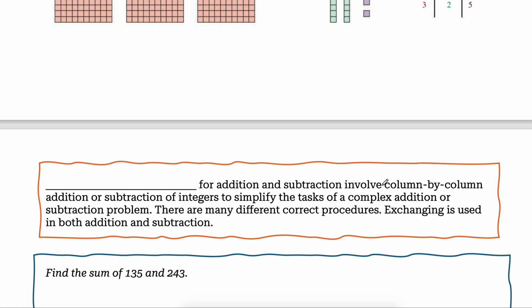And on the next page, I'm going to give you one more definition here. It's the word algorithms. So we don't think about it, but we're using an algorithm when we do arithmetic. When we're adding and subtracting, we're actually doing an algorithm. We're going through a procedure.